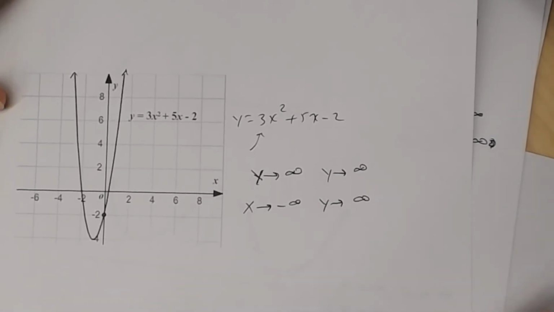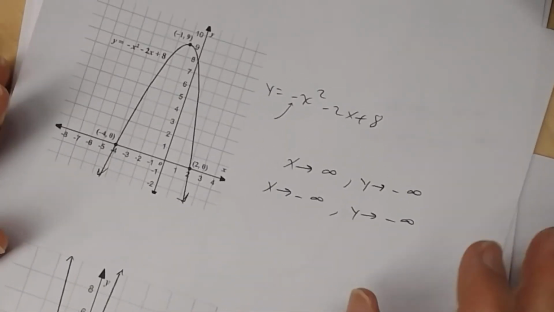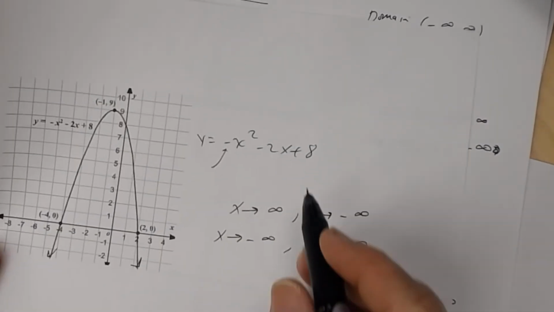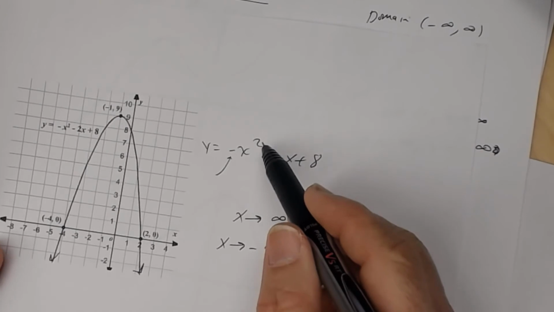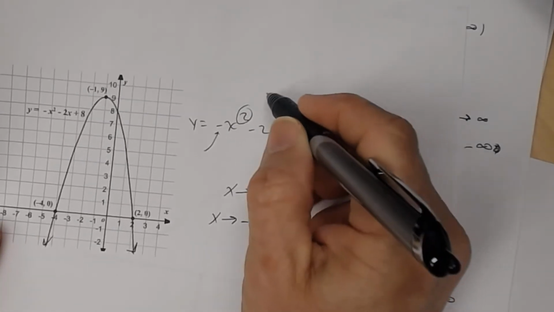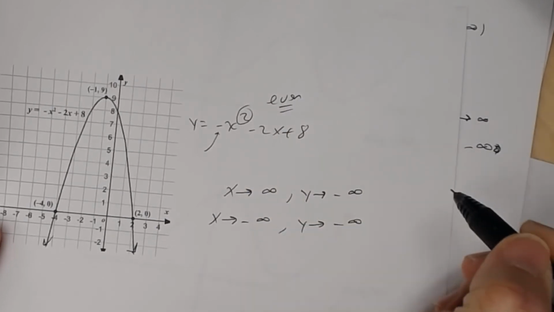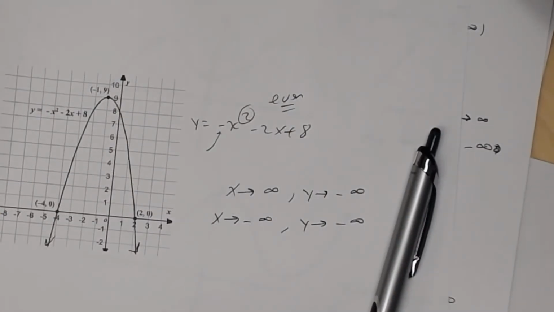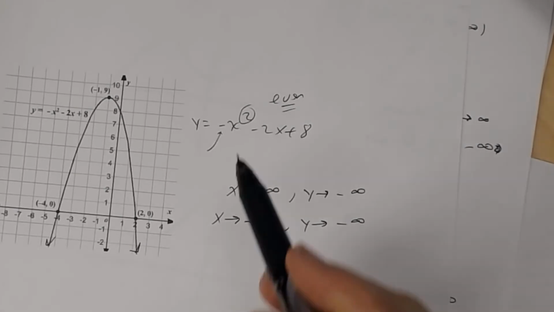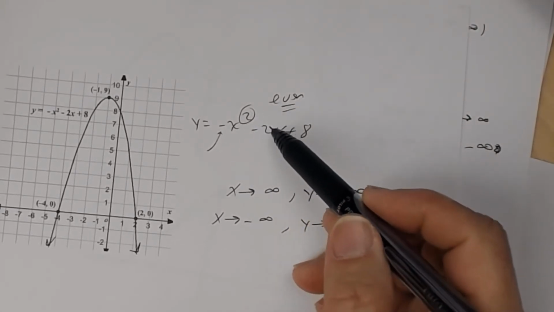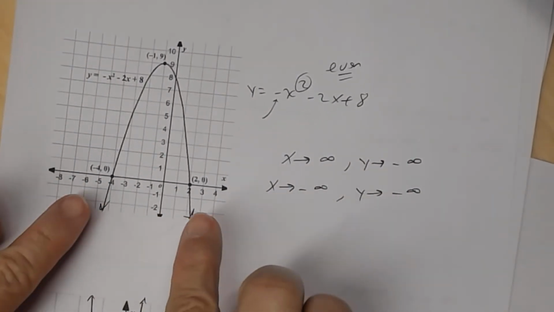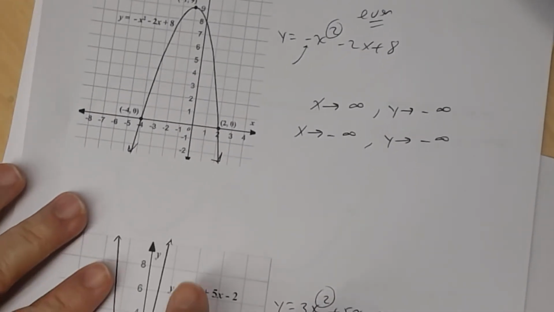Now I want you to notice something. When we talked about the quadratic function, the degree was 2, right? That's an even number. So the degree was even. It turns out that if the degree is even, and you're going to see this in a little while, your graph on the ends will either be pointing down or pointing up.